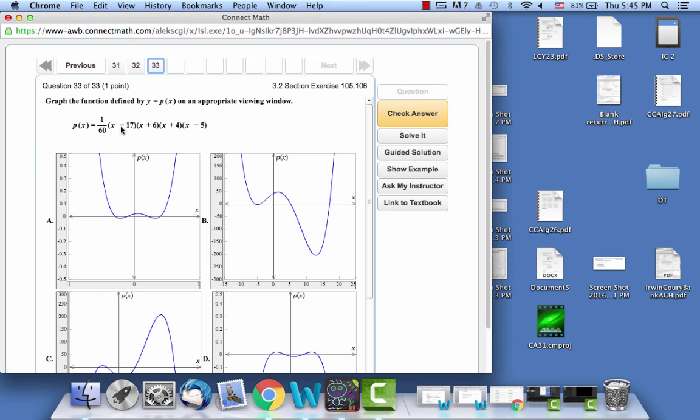It's got to be one of these two. We need zeros at 17, -6, -4, and +5. We can also find the y-intercept, and that would actually clear it up because these have very different scales. Probably it's this one because that 1/60th makes things pretty small. So I'm going to talk about it a couple of different ways.